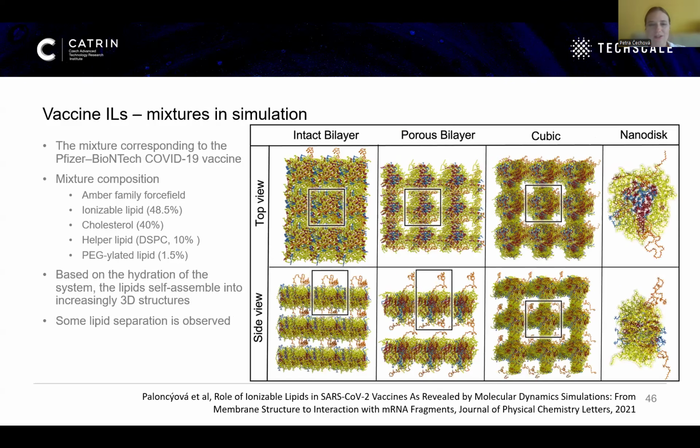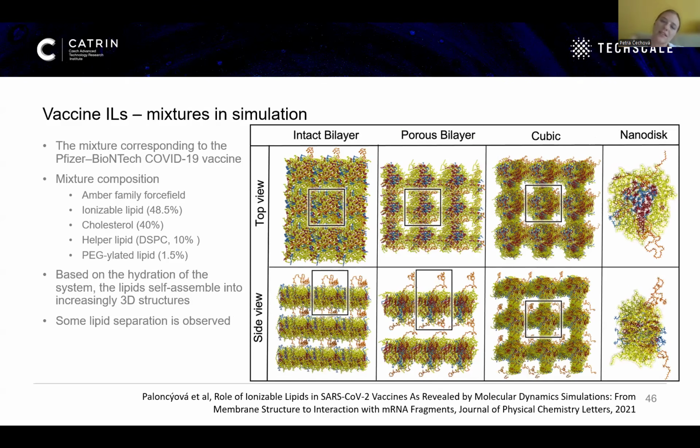When we try to do it with the whole mixture of the ionizable lipids that are in the nanoparticles, so we have all the four components, we can see that this is not pre-built, this is self-assembled. We actually see a pretty large effect of water. If we have a small amount of water, the system assembles into a bilayer.